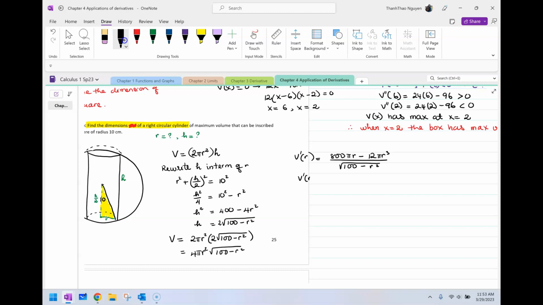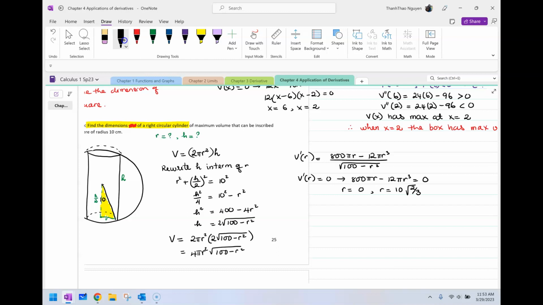V prime of r equal to 0. That implies 800 pi r minus 12 pi r cubed equal to 0. So then r equals 0, or r equals 10 times root of 2 over 3. Notice that r cannot be equal to 0 here. If r equals 0, we don't have a cylinder.